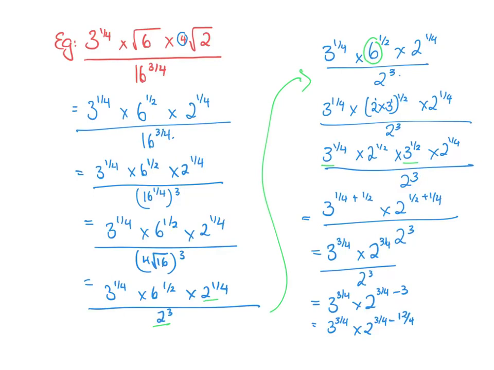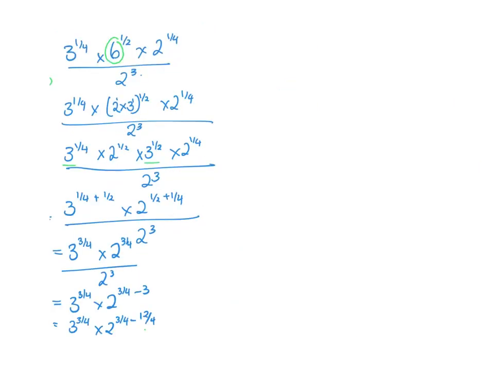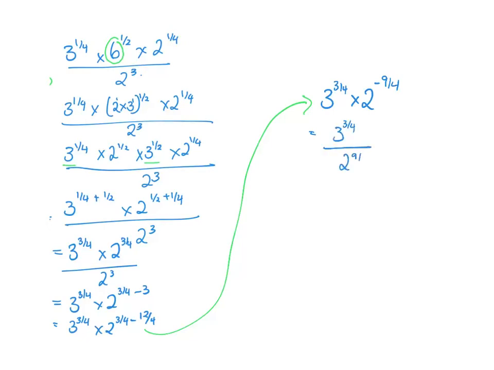And running out of room. Okay, so we're left with 3 to the power 3/4 times 2 to the -9 on 4. But we don't want a negative index, so I'll put the 2 down the bottom to make it a positive 9 on 4.